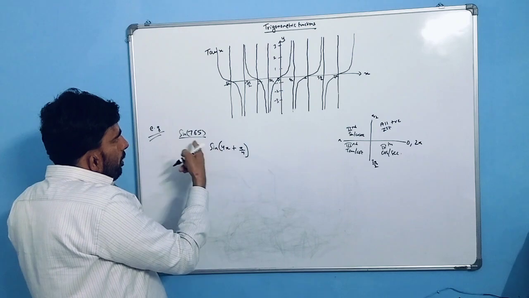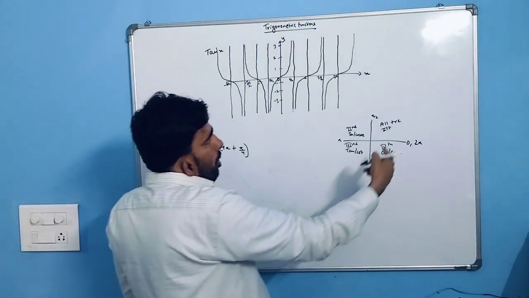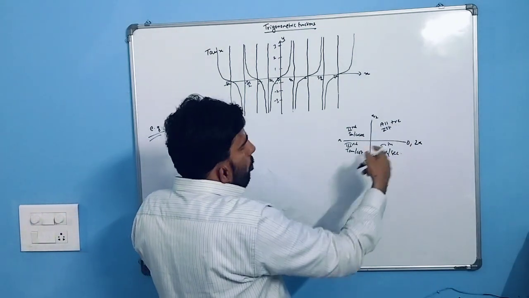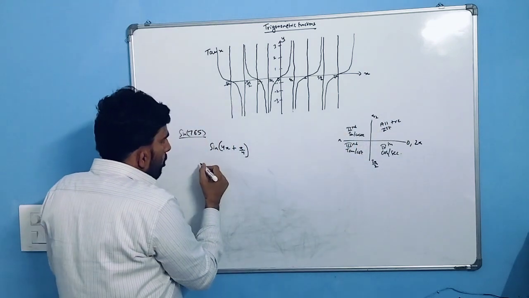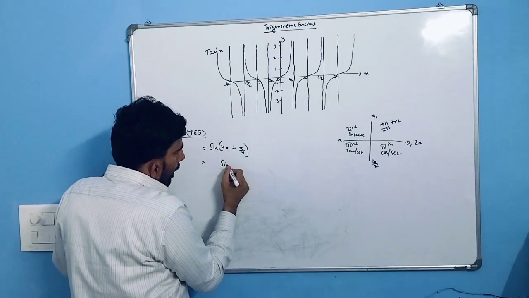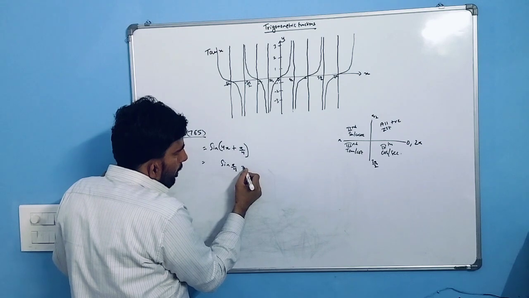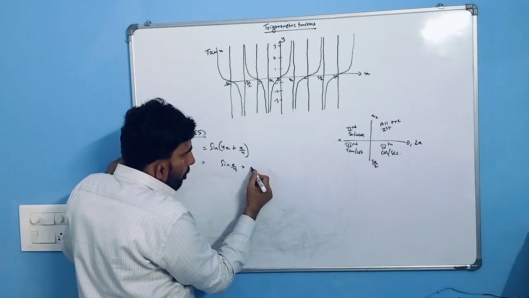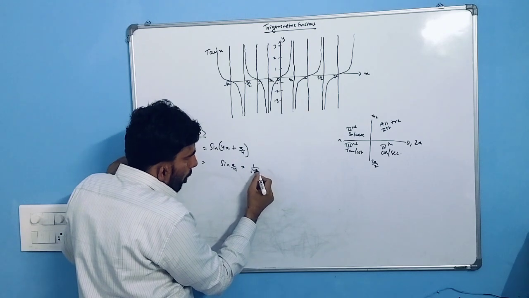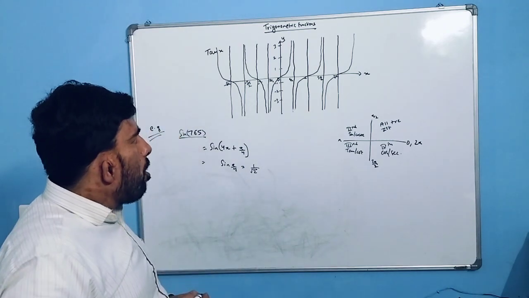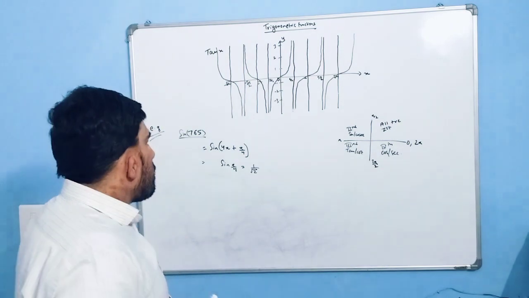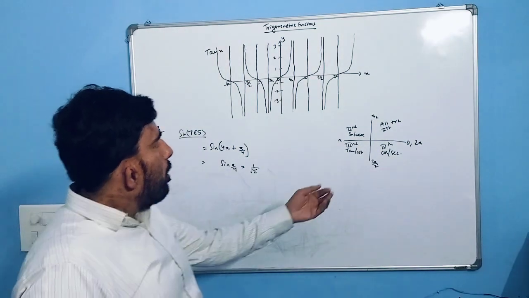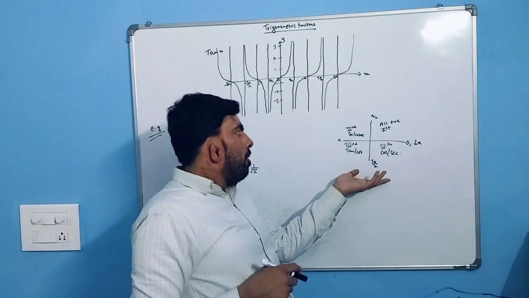If I add 720 plus 45, I will find this value will be in the first quadrant. So the value will be sine pi by 4, that is sine 45, and the value of sine 45 will be 1 upon root 2. Okay. So that is how we can easily find the value by using this quadrant graph.